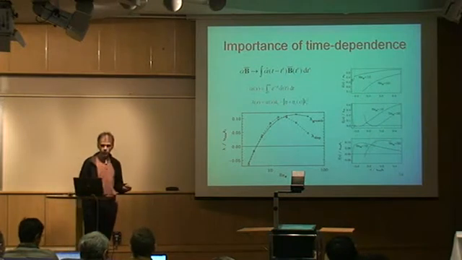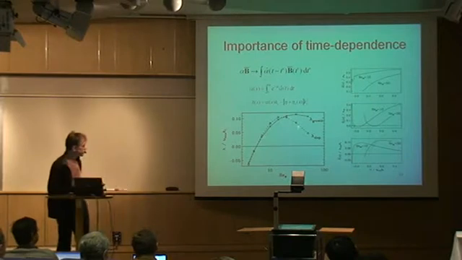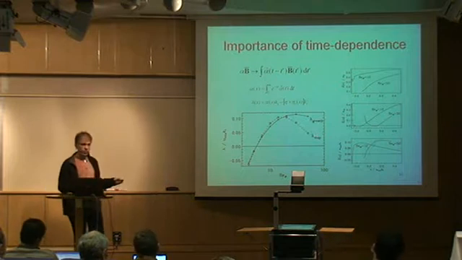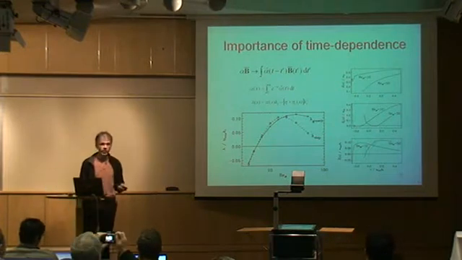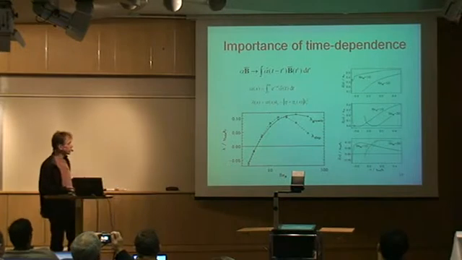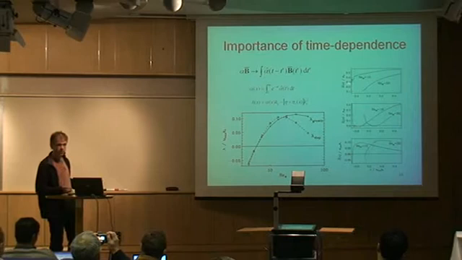You insert these values that you normally obtain with the test field method, and you find disagreement. This is the result from the dispersion relation. But this disagreement can be quite extreme. But why is there such a disagreement? The reason is, of course, that we have calculated alpha and eta for the time-independent case.